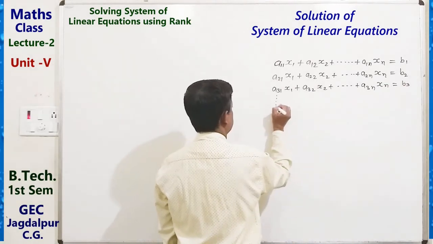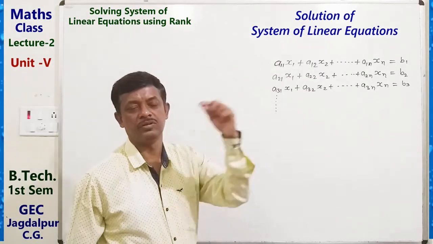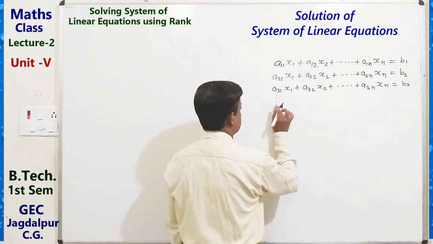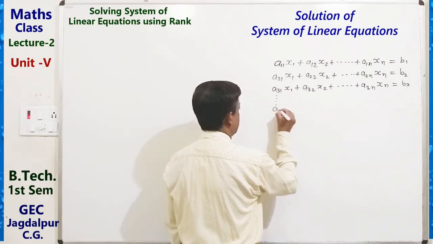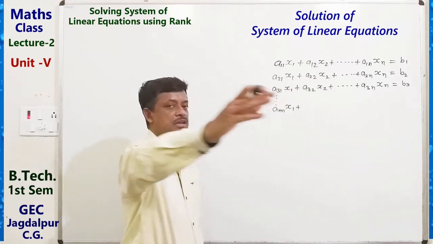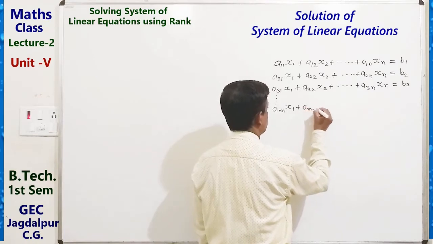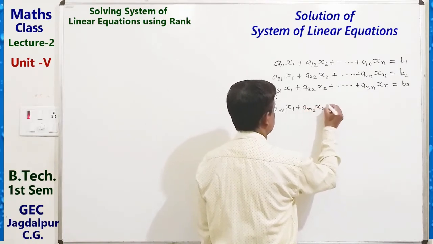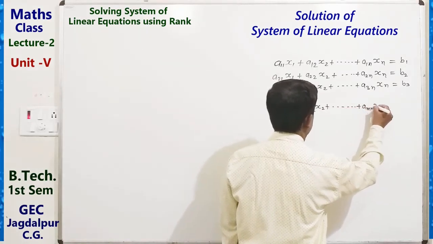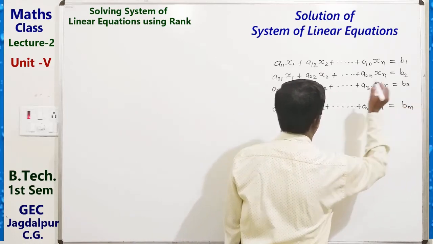And similarly, counting 1, 2, 3 up to m equations, we write am1 x1 + am2 x2 and so on up to amn xn = bm.